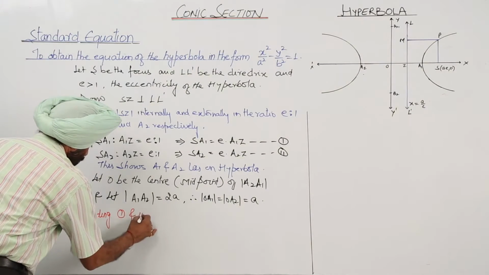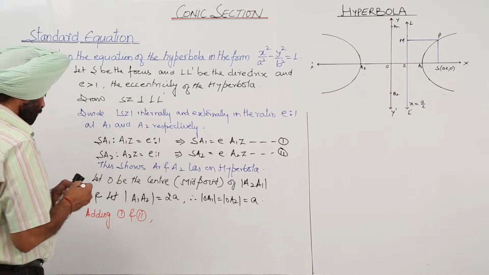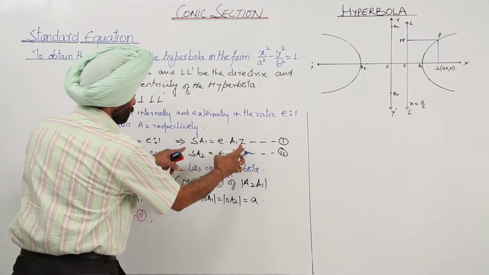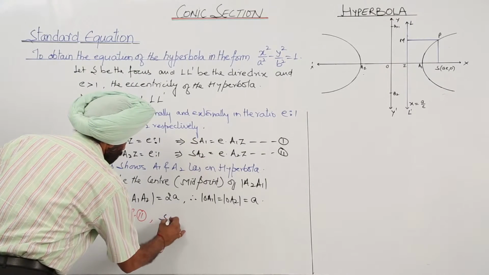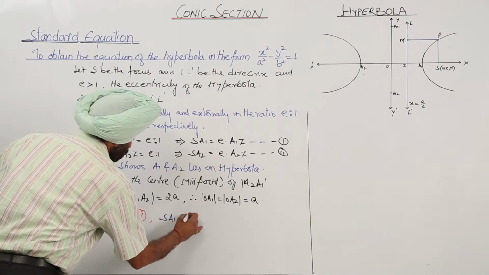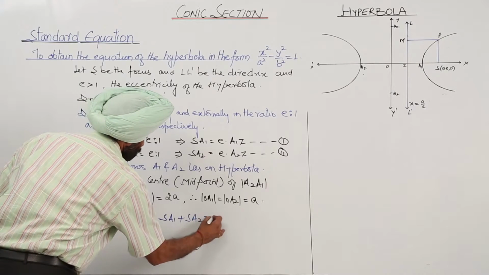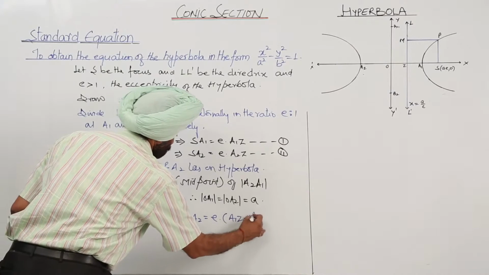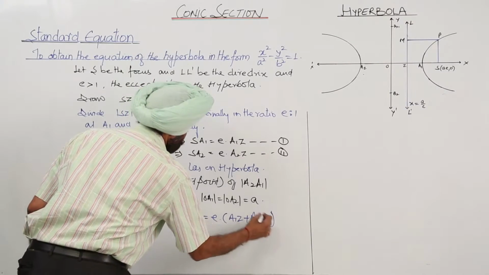Now let's add 1 and 2. Adding 1 and 2, this is 1 and this is 2. SA1 plus SA2 is equal to e times (A1Z plus A2Z).